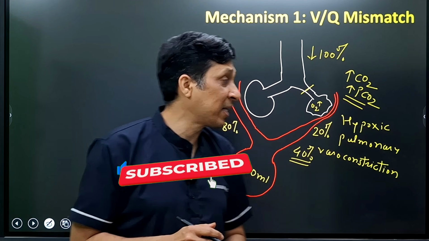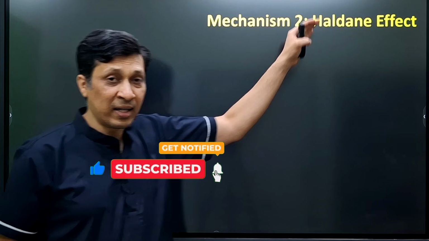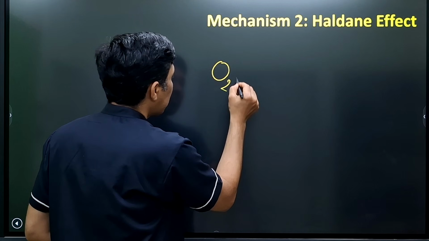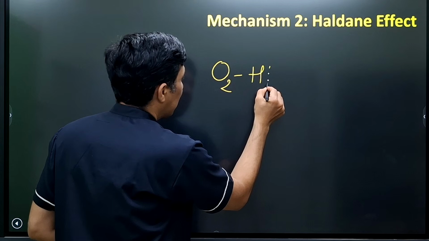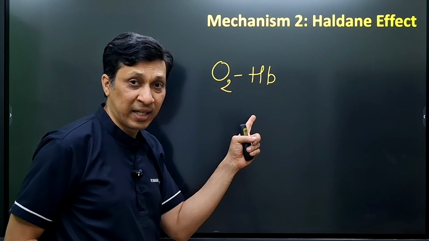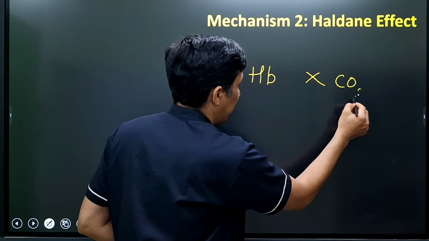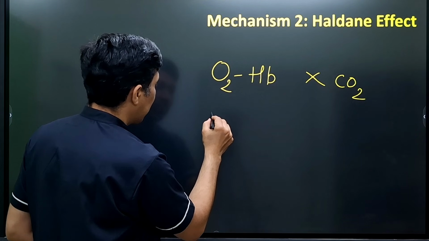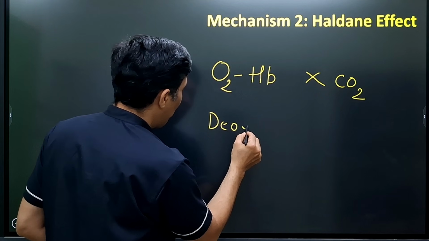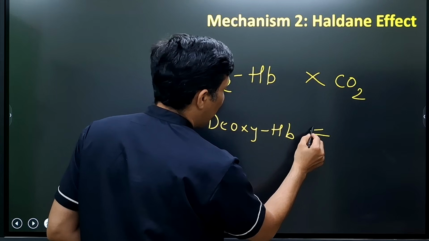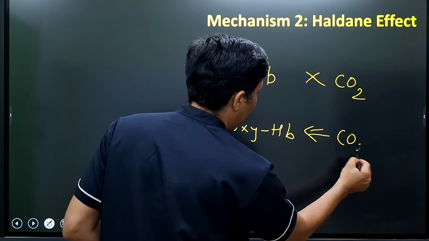Now the second mechanism is the Haldane effect. This effect says that when hemoglobin is oxygenated, it has less affinity for carbon dioxide, and when hemoglobin is deoxygenated, it has more affinity for carbon dioxide.